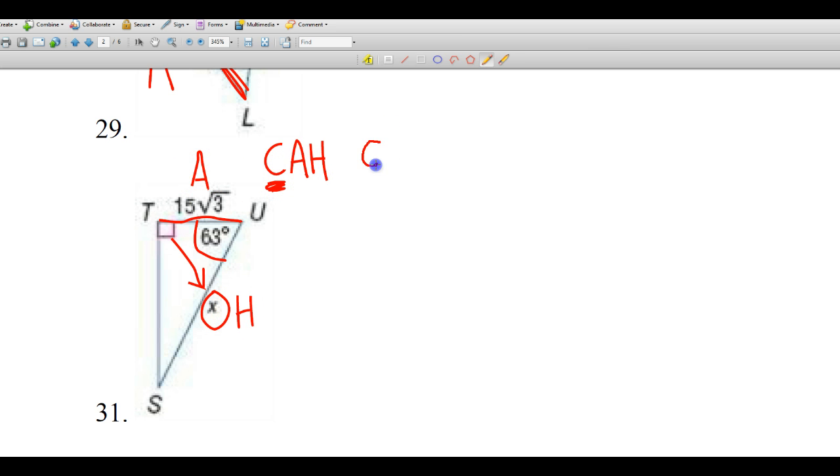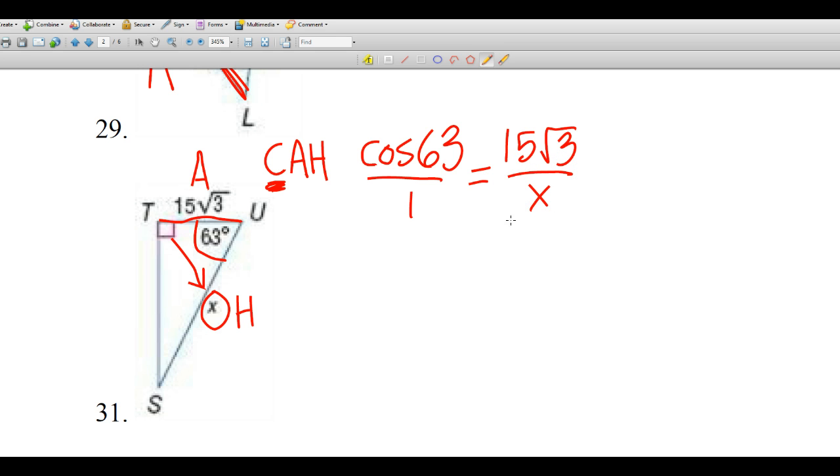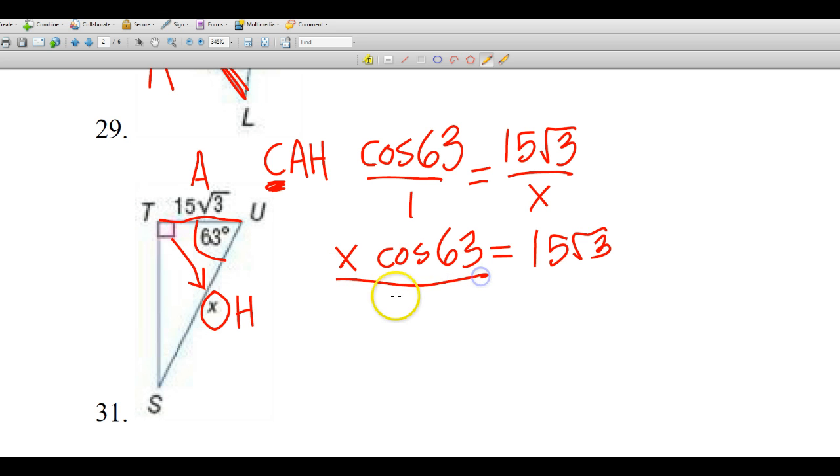So we would set this up as the cosine of 63, put that over 1, and set it equal to the adjacent over the hypotenuse. So now we can cross multiply, so we'll take x times cosine of 63, set that equal to 1 times 15 square root of 3, and then to solve for x we have to divide by the cosine of 63 to get that to cancel.